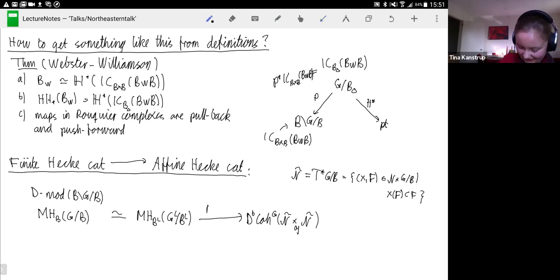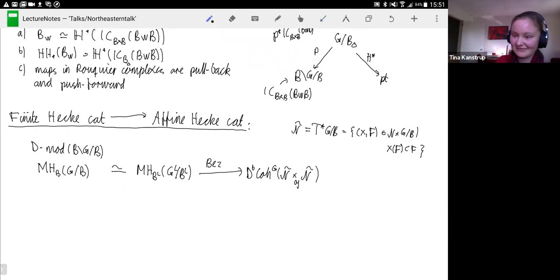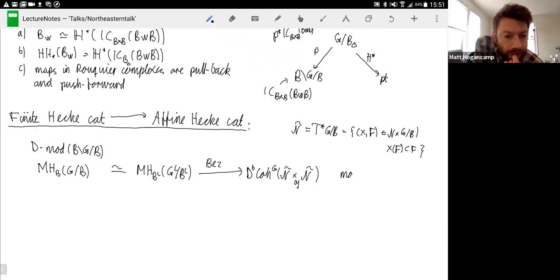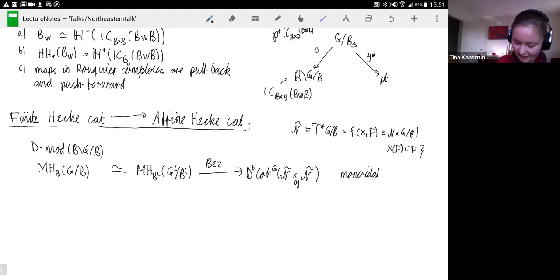So this is the complicated way of going from here to here. Probably fancy geometric representation theorists will take this route. This is a monoidal category, so this will be a monoidal functor, and this carries a braid group action. The braid group action is due to Bezrukavnikov and Riche.